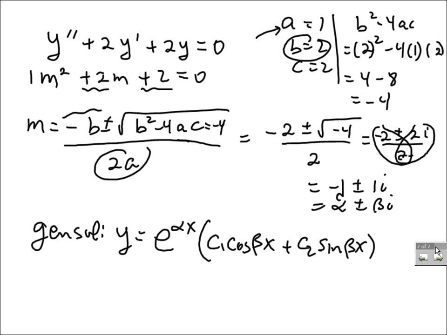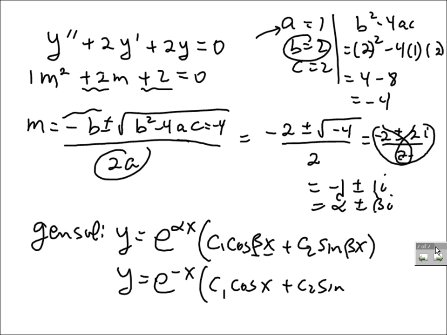And a is negative 1 and b is 1. So y is equal to e to the negative x times c1 cosine of 1 times x, which is x, plus c2 times the sine of 1 times x, which is x. And there it is. The whole job is to find the alpha and the beta.